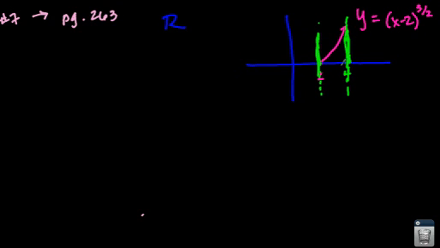The x-axis is the boundary, and the other boundary line is x equals 4, which they already told us. So basically, the region that we've encased is this little purple region here.